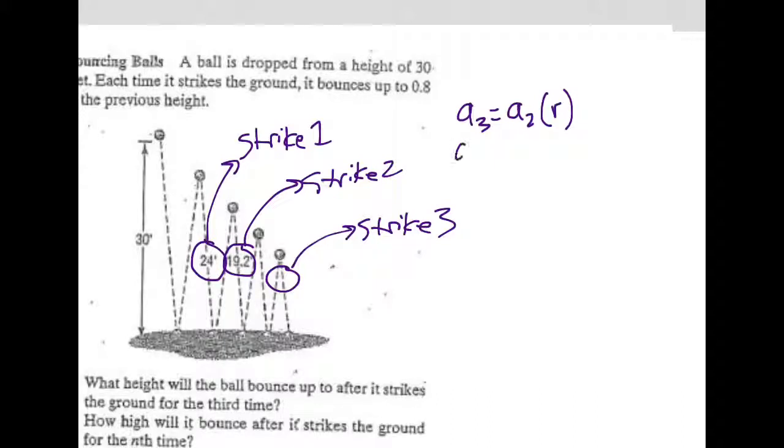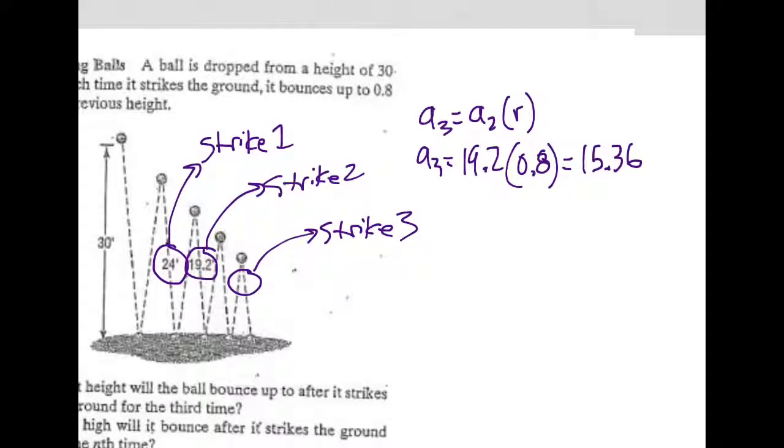And so a sub 3 is going to equal our second term in the sequence, which is 19.2, times our common ratio, which is 0.8. So figure out what that is by multiplying those two numbers together. And you find that the height after the third bounce is 15.36, and we're talking about feet here.